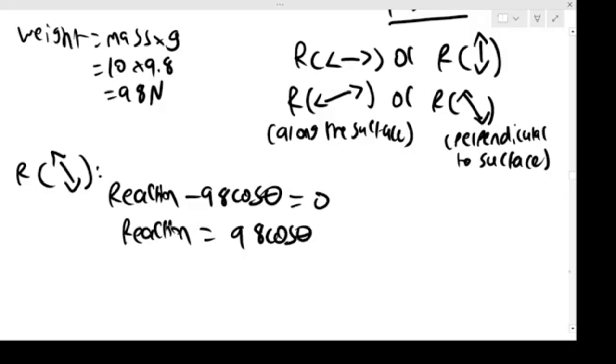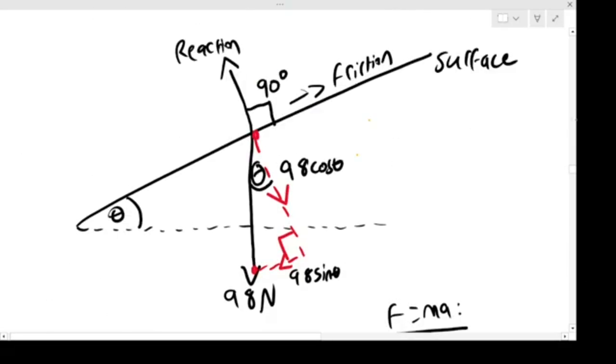Now I've not specified an angle here, so I'm going to take theta to be 30. That means this angle here in the weight triangle is going to be 30 as well.